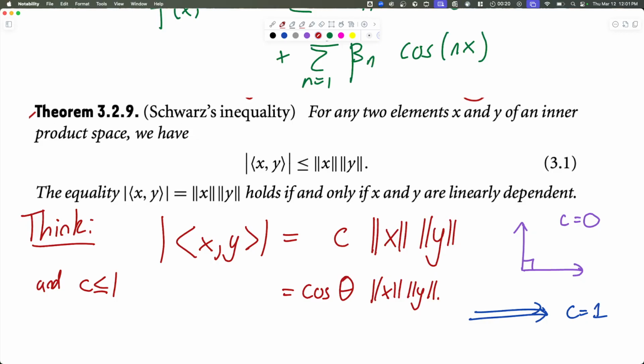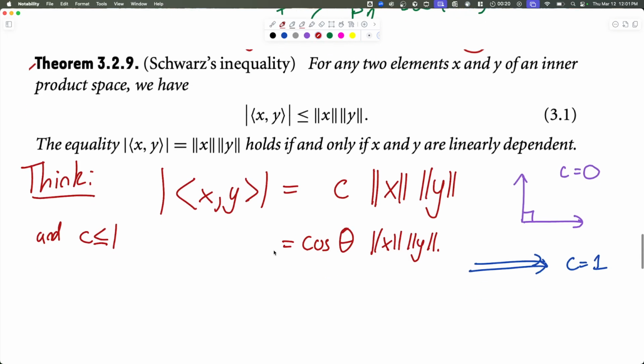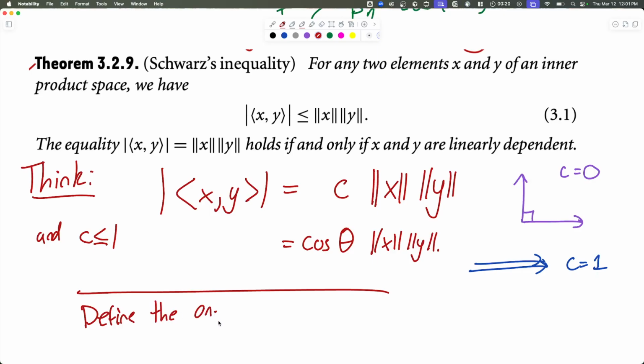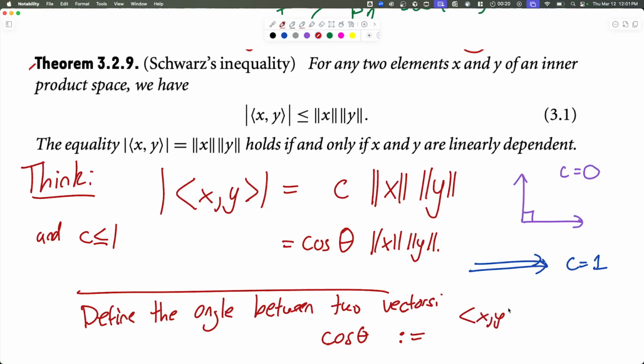And the Cauchy-Schwarz inequality says, look, it works in general. It's always less than or equal to 1. You could define this in high dimensions, and in fact, people do this. For example, in neural networks, this is done a lot. You could define the angle between two vectors by saying the cosine of theta is by definition equal to the inner product divided by the product of the lengths.